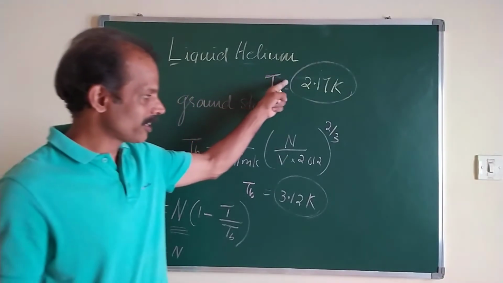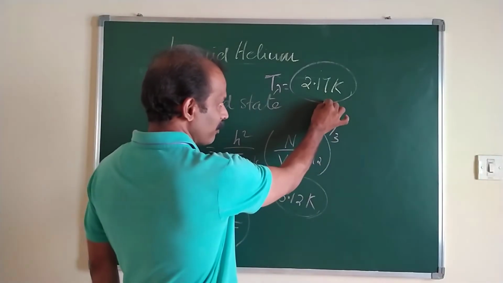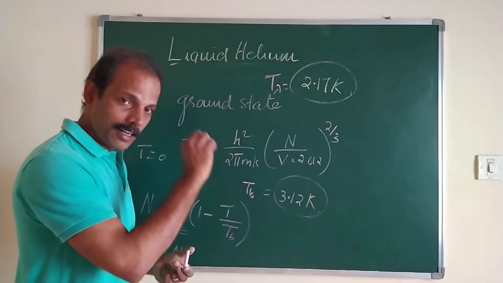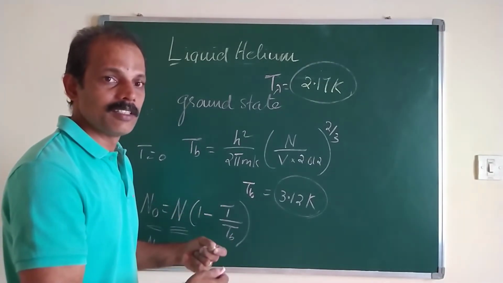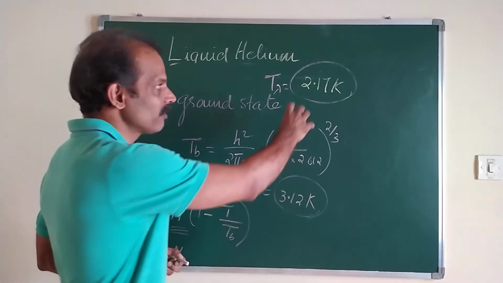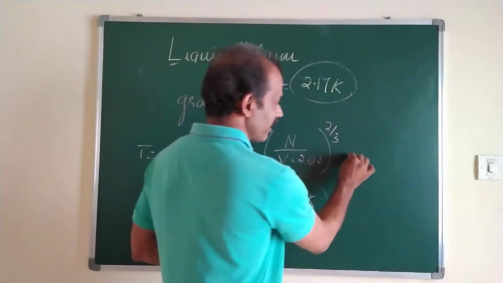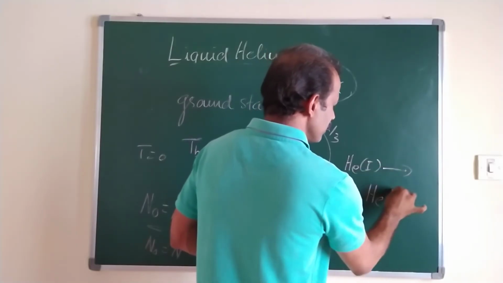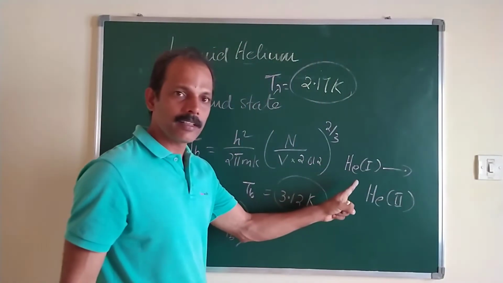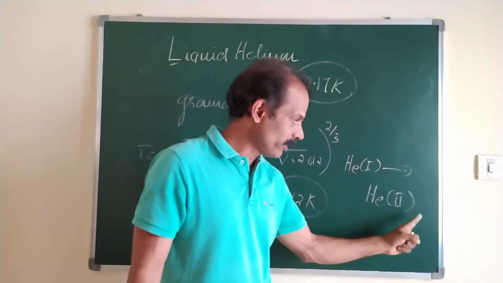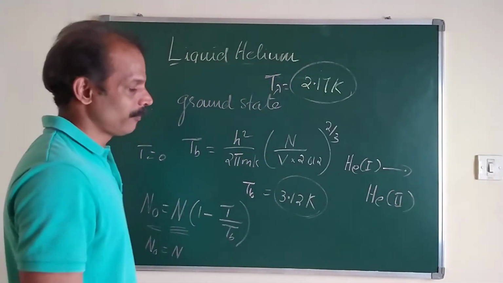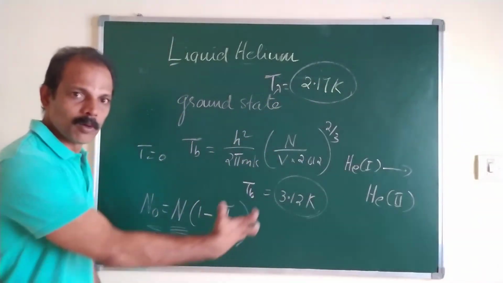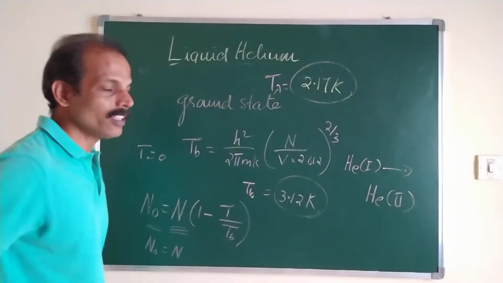So here, just look at the temperature. At this temperature, most of the atoms of helium occupy the ground state, and that is what is known as Bose-Einstein condensation. So the conversion of helium phase 1 to helium phase 2, that is, conversion of normal liquid helium to superfluid liquid helium, is due to Bose-Einstein condensation at that lower temperature.